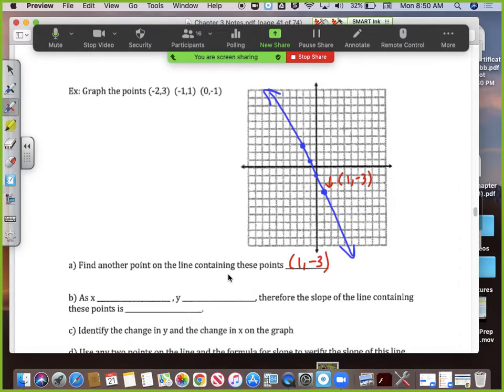And you could use any other point that you find that is on that line for that one. For this graph, as x increases, y decreases. Therefore, the slope of this line containing these points is negative.